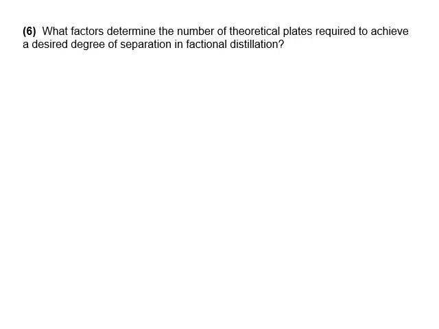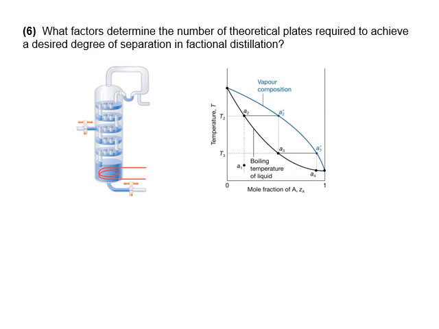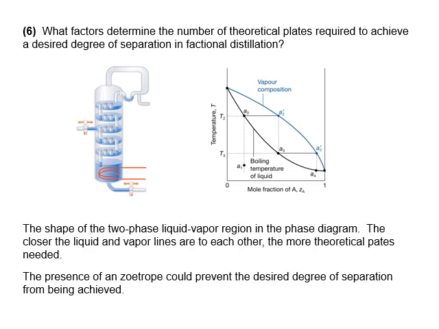Question number 6. What factors determine the number of theoretical plates required to achieve a desired degree of separation in fractional distillation? The most important factor is the shape of the phase diagram. As we mentioned in class, the shape of the two-phase liquid-vapor region in the phase diagram affects the separation.